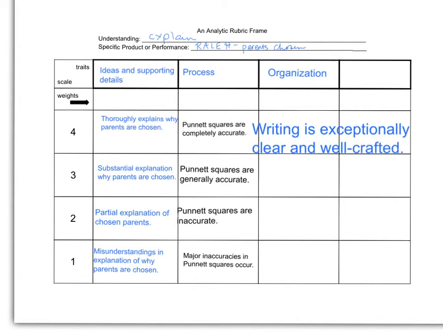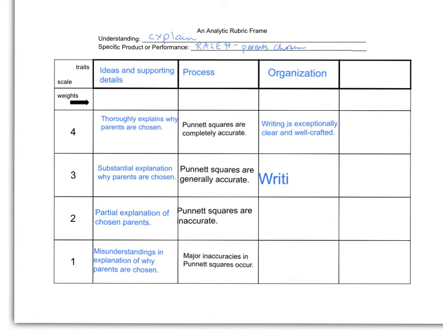It's crafted in a way that the reader can understand what they're writing about. The next one, writing is generally clear and the reader is able to follow.